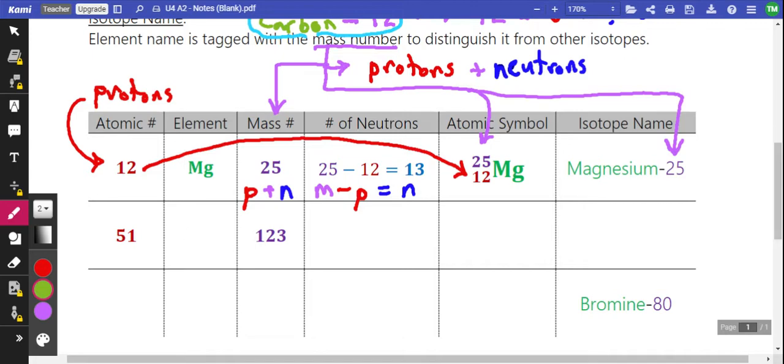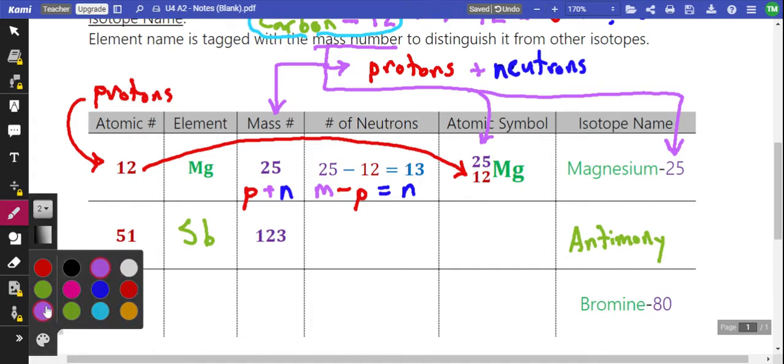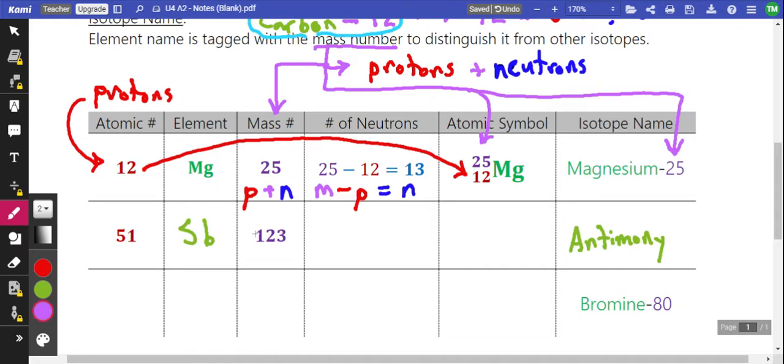So if I find number 51 on the periodic table, that is symbol Sb, which is the element antimony. I don't know which version of antimony we're dealing with until I tag on that mass number. So we're dealing with this isotope, this version of antimony, antimony-123.